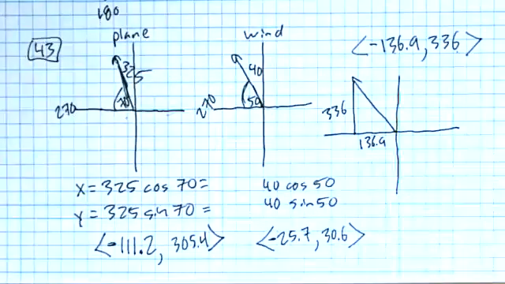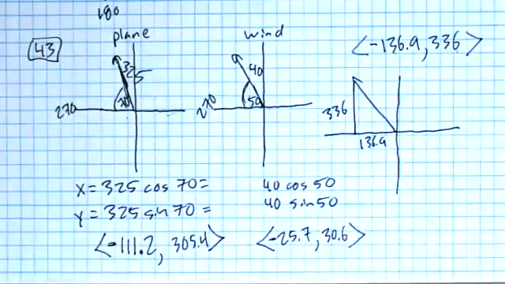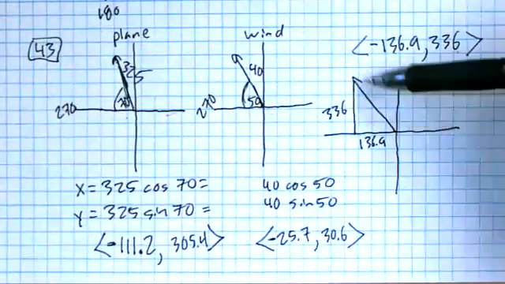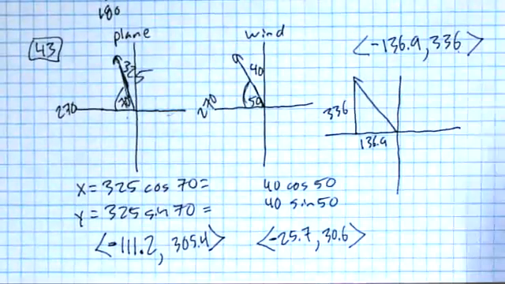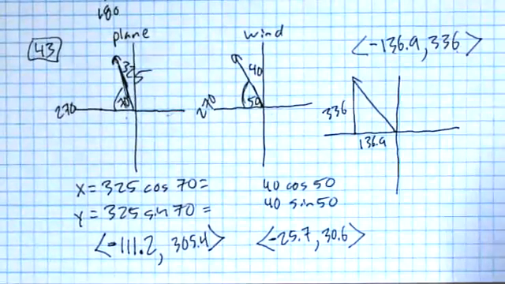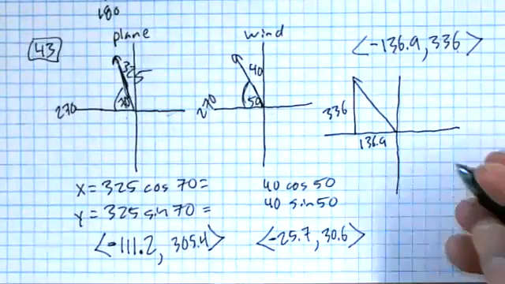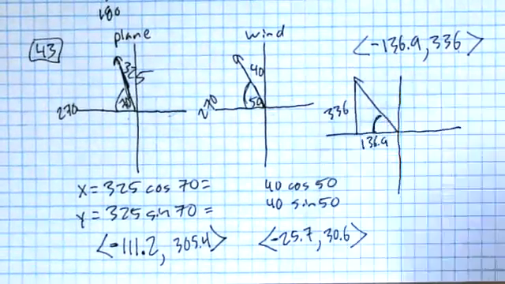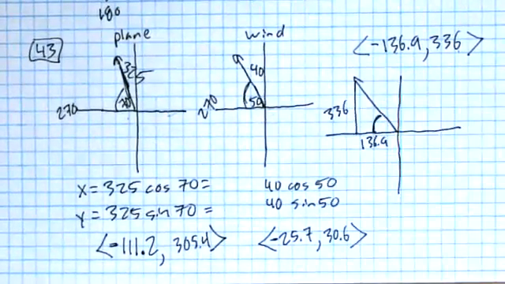Do you think you'd be able to figure out the magnitude of that thing? It would be the length of the hypotenuse here. You could use Pythagorean theorem or the magnitude formula. Do you think you'd be able to figure out what this angle is right here? You should be able to, using an inverse tangent.